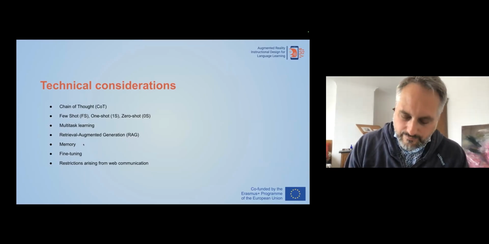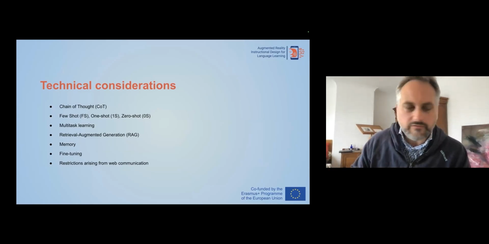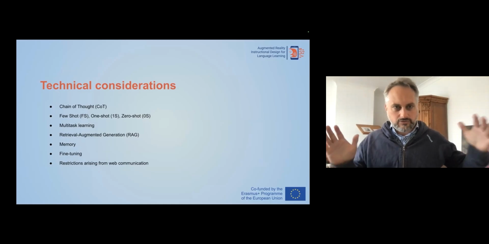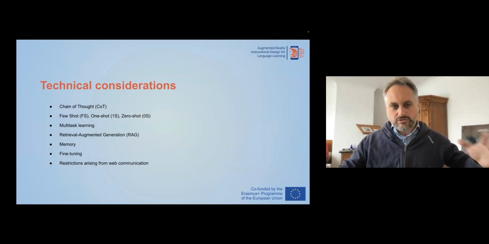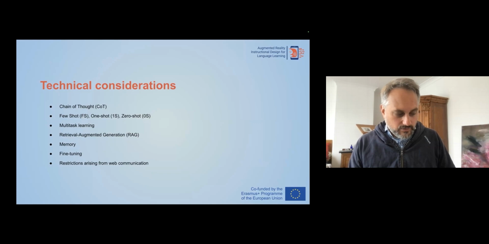Memory refers to the basic technical working principle of LLMs being stateless. So when you interact with a large language model, it's interacting with a mathematical structure. Unless there is a conversational history provided as an input to that structure, it wouldn't have a memory of it.